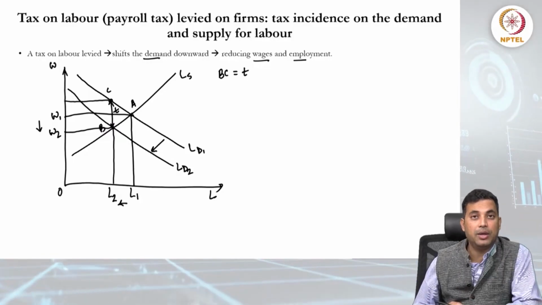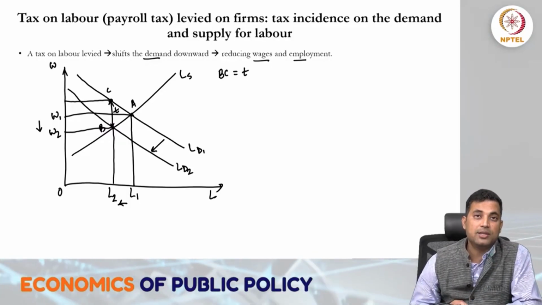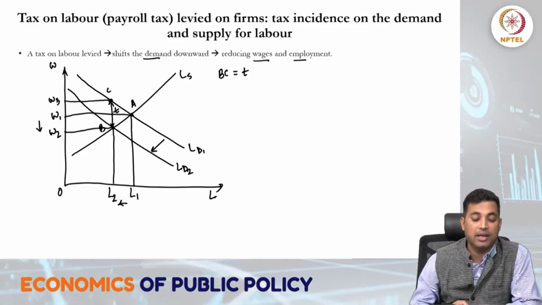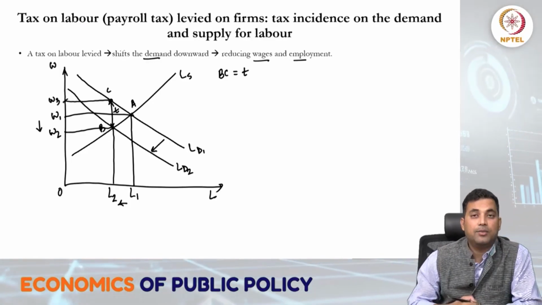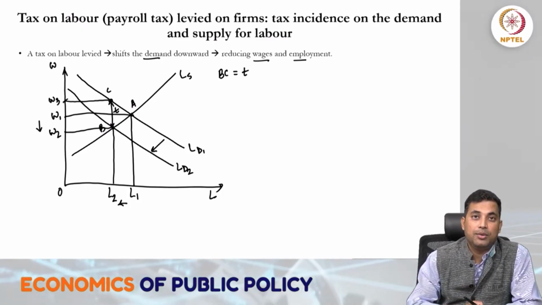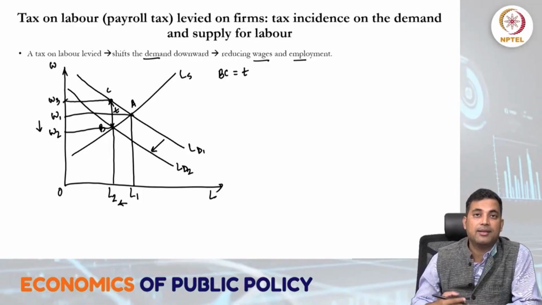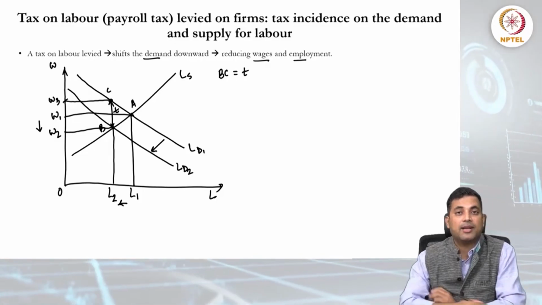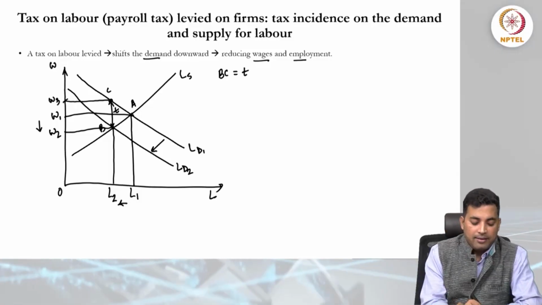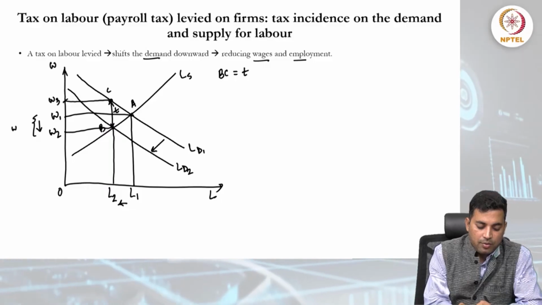With the new equilibrium at point B, the wage was supposed to be fixed at W3, but it will not be fixed at OW3, because this is mainly the taxes, and therefore some portion of the taxes will be borne by the labor, and that is the wage change.